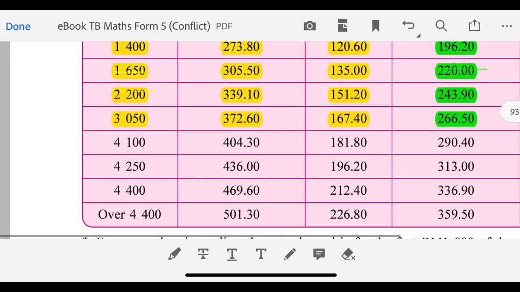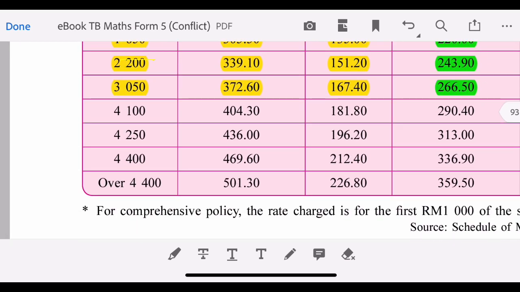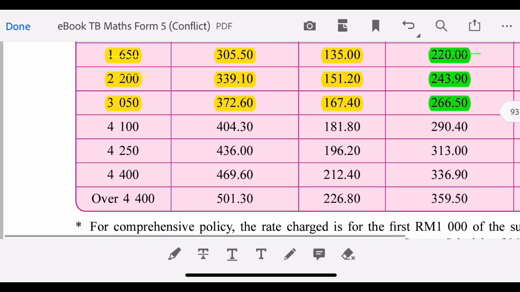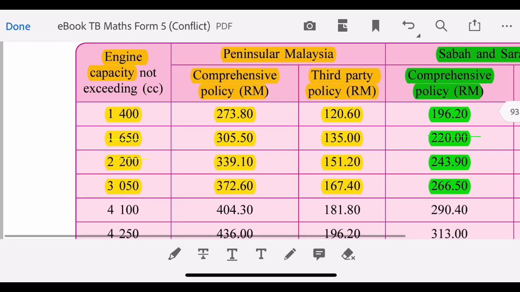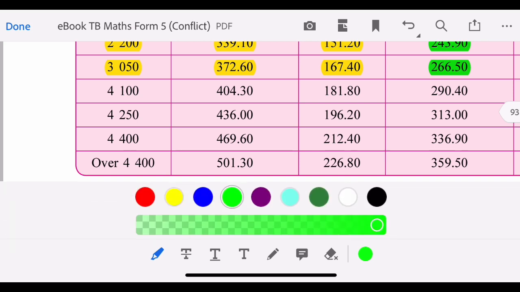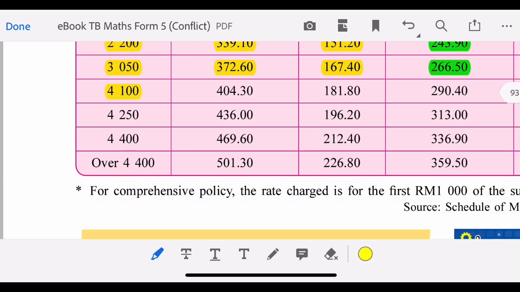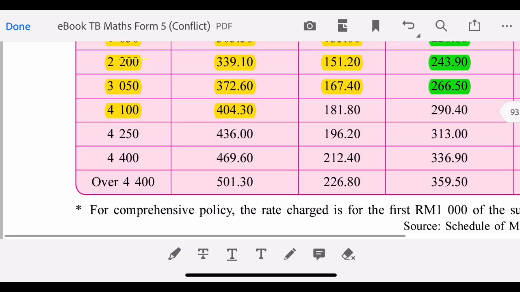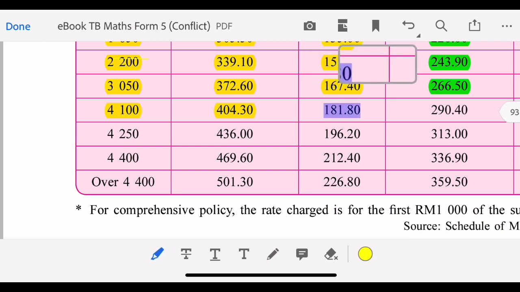Okay, when the engine capacity increases to 4000 plus onwards, you notice that the comprehensive policy will also increase to 400 plus, right? As you can see, the comprehensive policy will be 404. Okay, the third party will be 181.80. 4250 will be 436, and then the third party will be 196.